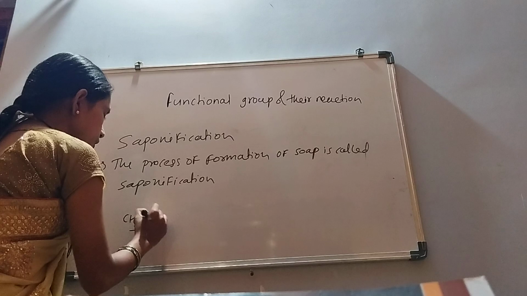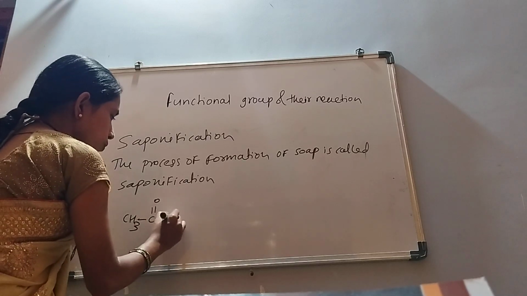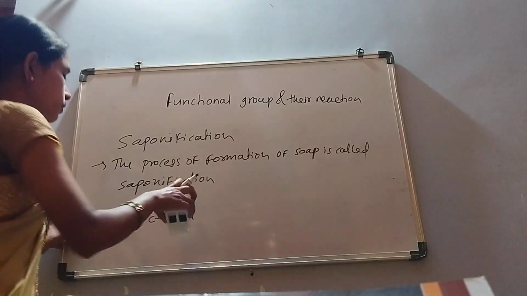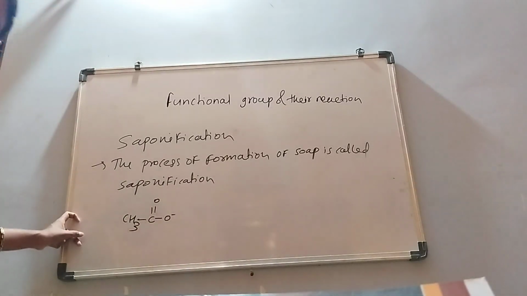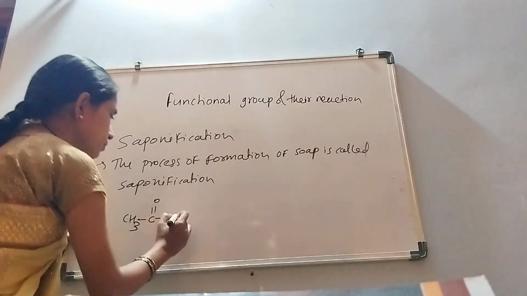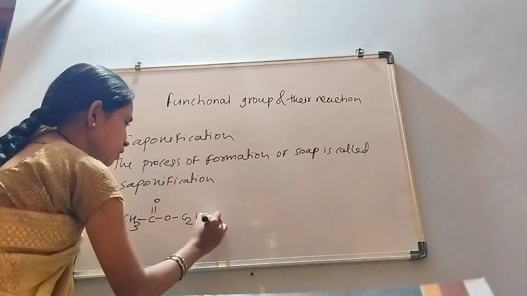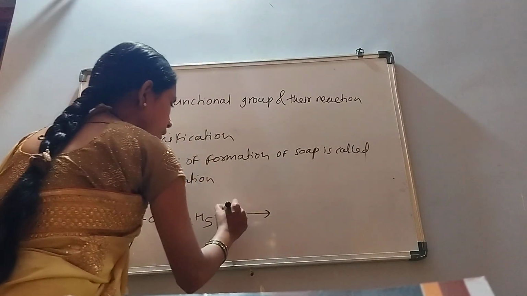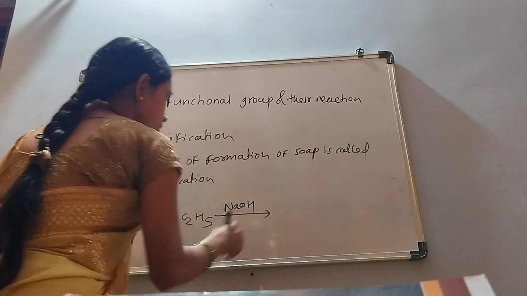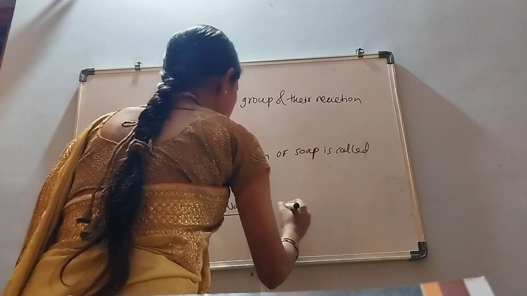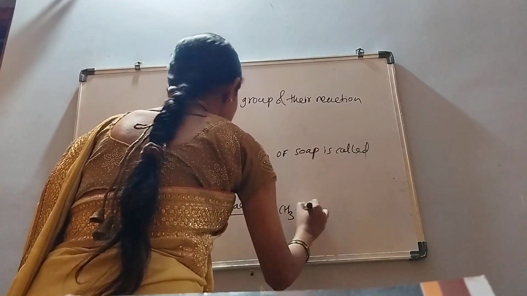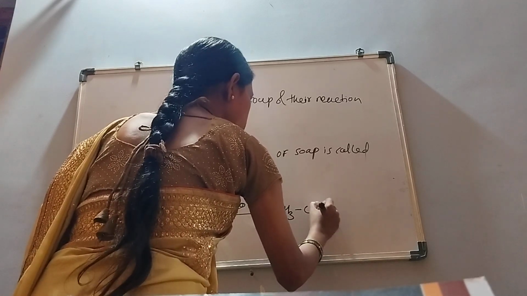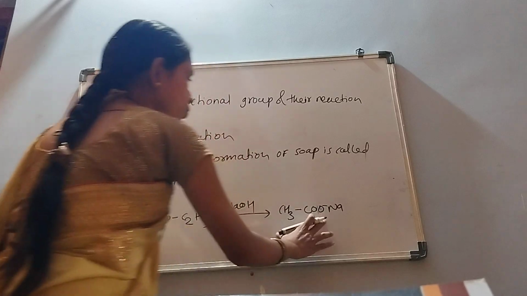So this is called the ester, CH3 C double bond O. Now this ester is reacting with sodium hydroxide, NaOH, and we are getting the compound CH3COONa.